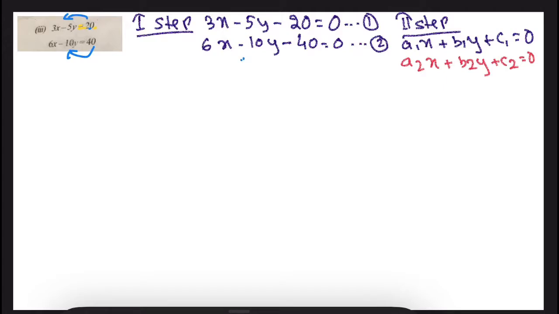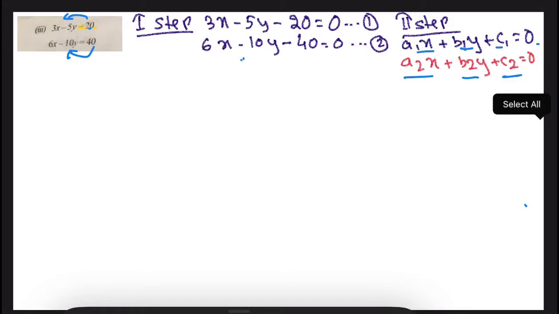Now we have to compare this with the standard equation, the general equation. What is our general equation? The first equation is a1x plus b1y plus c1 equals 0, and the second is a2x plus b2y plus c2 equals 0. We compare the first general equation with the first equation.